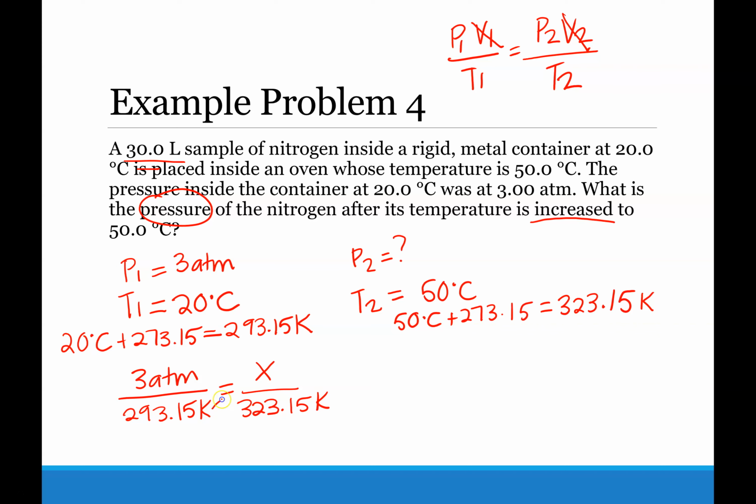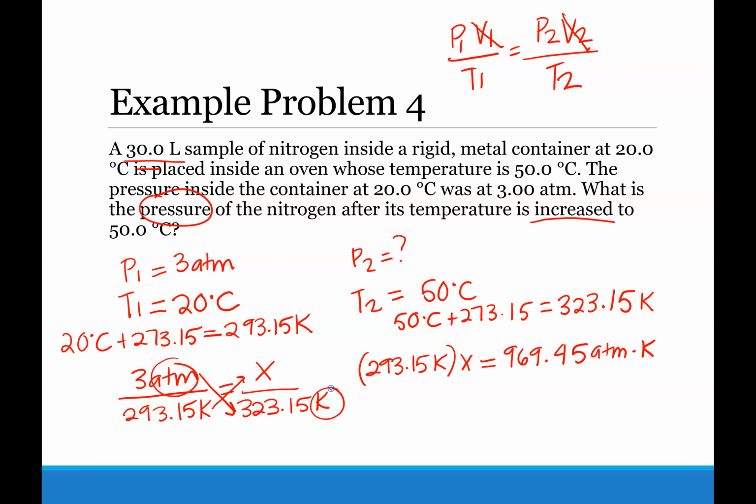So multiplying these two, it's going to turn into 293.15 Kelvin times X equals, and then crossing these two. So in your calculator, 3 times 323.15, that's going to equal 969.45 atm kelvins, because neither of those units went anywhere.